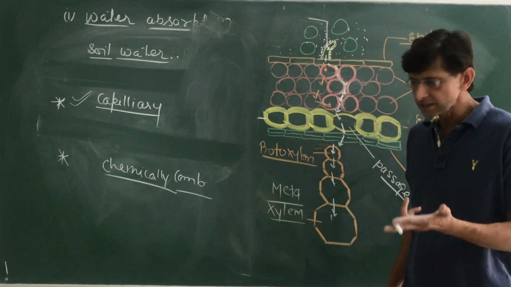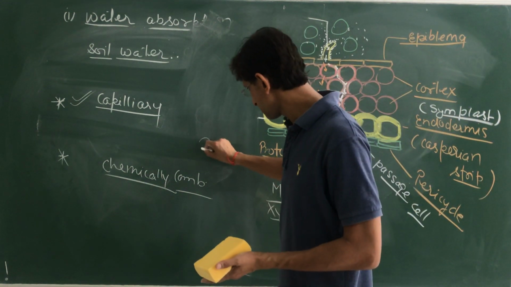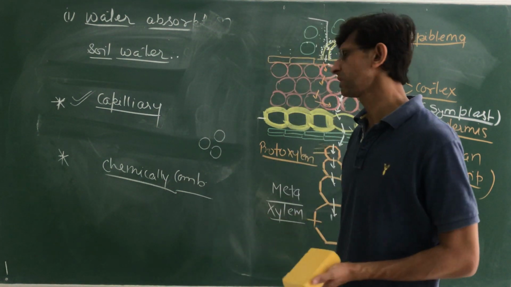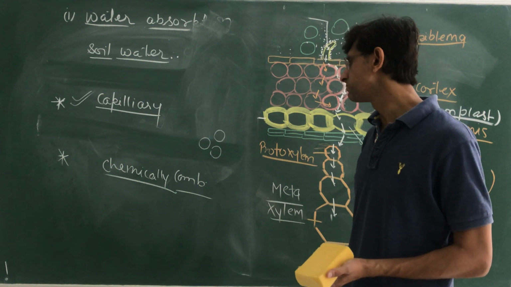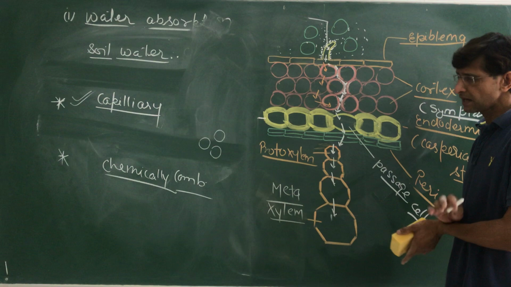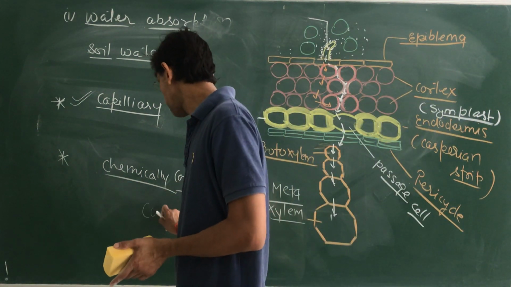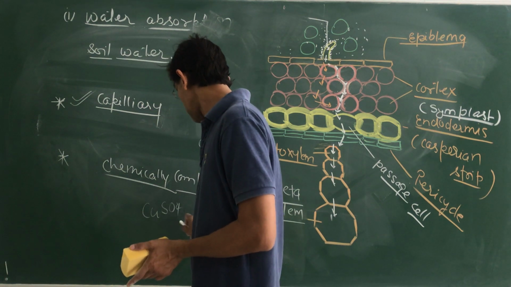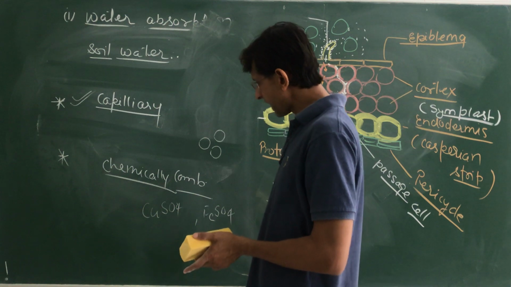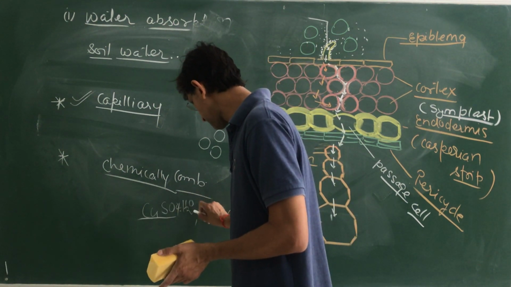Then comes the chemically combined water. What does this mean? Chemically combined water is the water which combines with soil particles chemically. There are a few chemicals present in the soil, like you have heard about copper sulfate, iron sulfate. These are chemicals which can be hydrated with water.